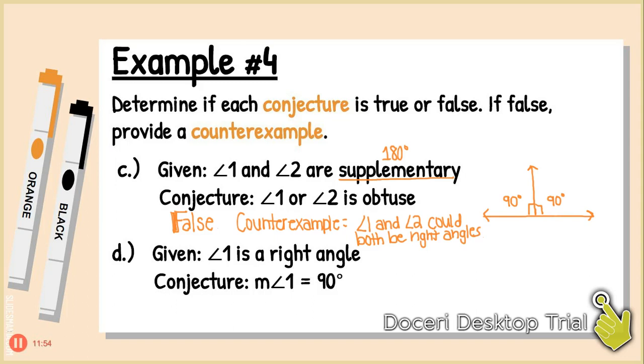And then last but not least, given that angle 1 is a right angle, my conjecture would be that the measure of angle 1 is 90 degrees. And obviously, if angle 1 is a right angle, then obviously angle 1 measures 90 degrees, so this would be true. There is no example that would prove that to be false, so that one would be true.